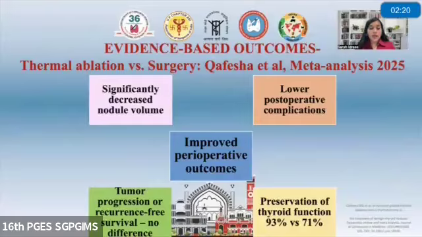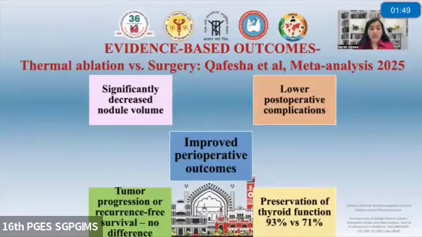Also, when compared with surgery, thermal ablation is not only associated with significantly decreased nodule volume, but it is also associated with lower postoperative complications in the form of hoarseness of voice or RLN injury and hypocalcemia, and also improved perioperative outcomes in the form of early discharge, early recovery, and good quality of life.